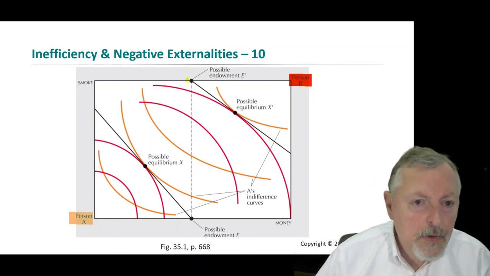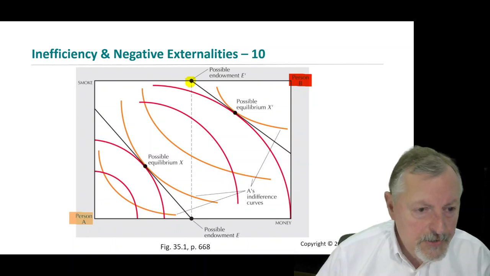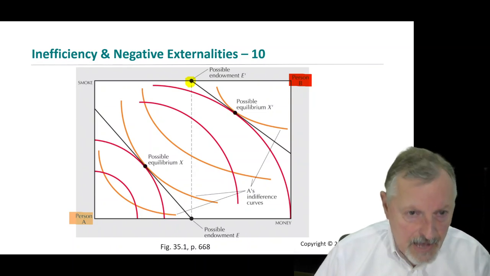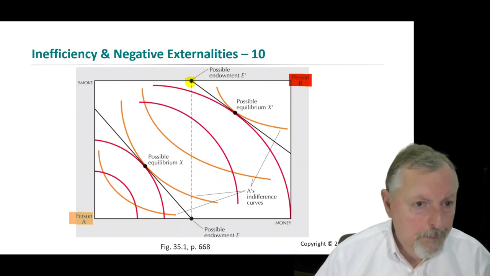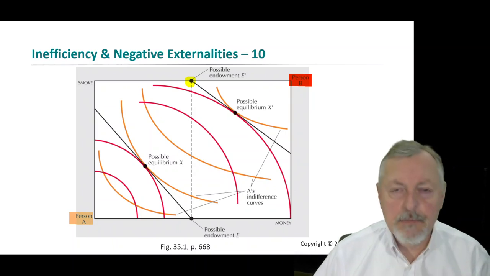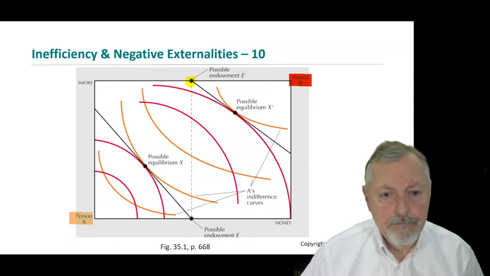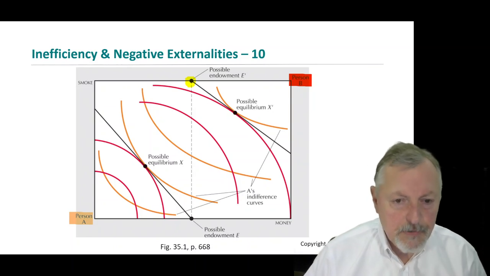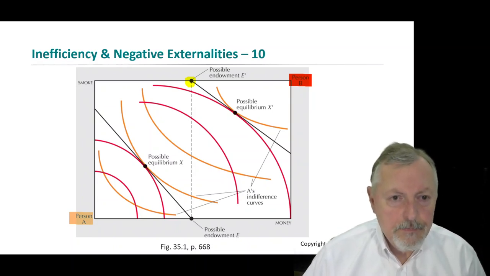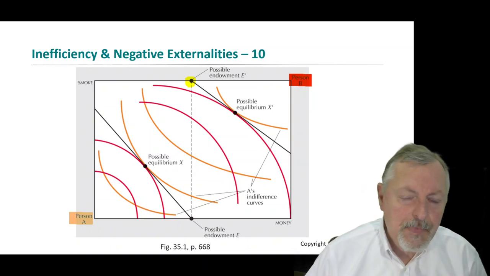Let's assume that we start off here. Person A has half the money, but there's maximum smoke, and person B has half the money and no clean air.